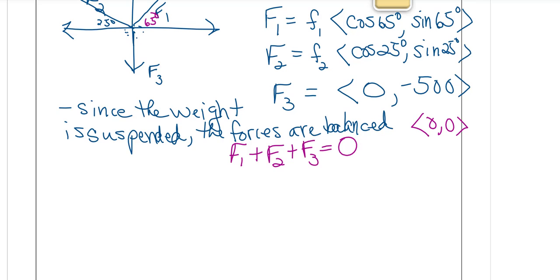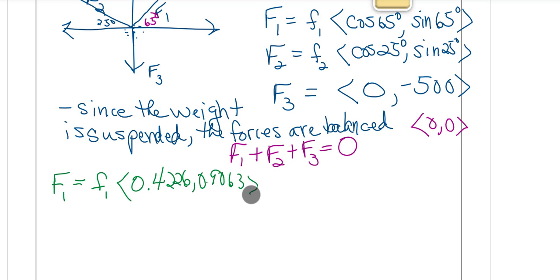So rewriting these vectors, as I said before, F1 is going to equal our little f1 times, and giving you the decimal equivalents of 65 for cosine and sine, I'm going to get 0.4226, comma, 0.9063. F2 is going to be equal to a little f2 times, oh, I forgot the negative sign up here.